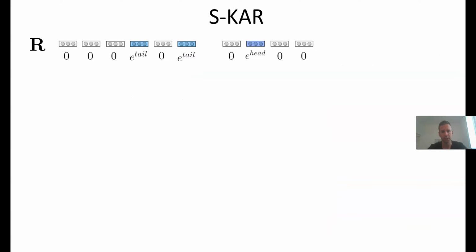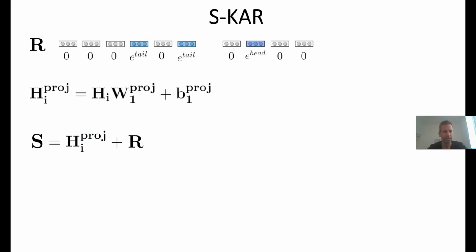We use a linear projection to project the input HI to the embeddings dimension, and using the matrix R, we add a corresponding relation embeddings vector to each of the projected token representations to create S, an enhanced token representation.